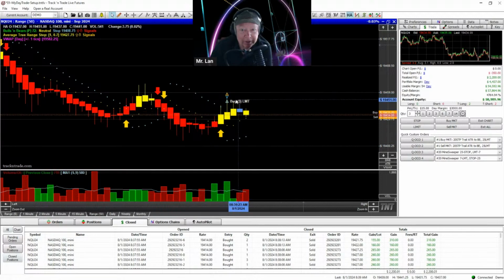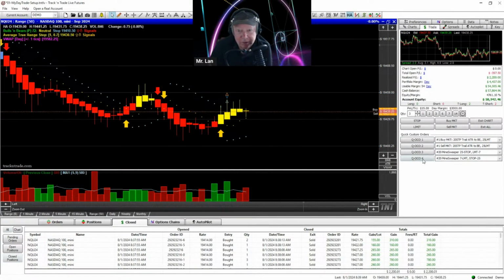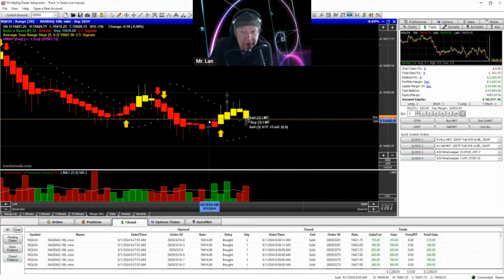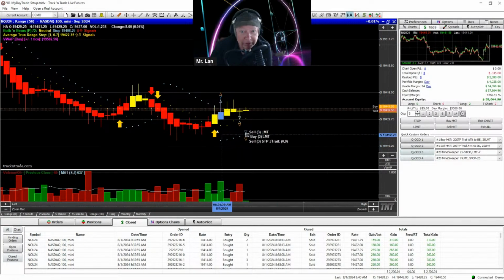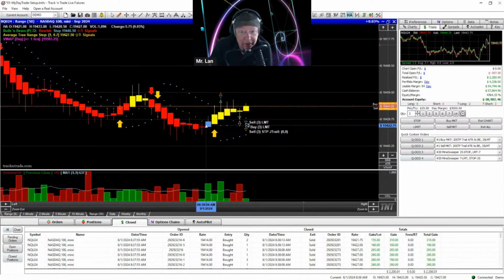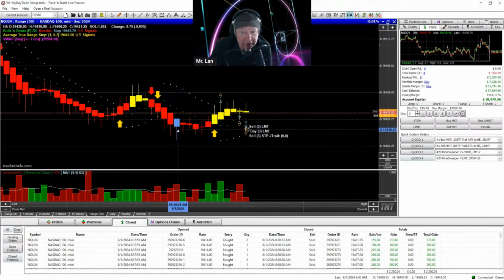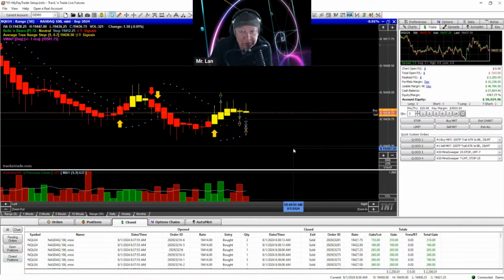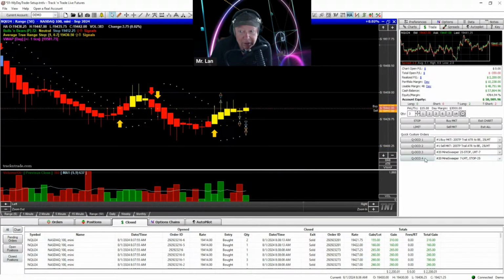We got this is the same one. These are internals. Let's do limit. Limit. We got another one right here. Internal. Another one right here. You set all these little bombs. Limit. That's an external.